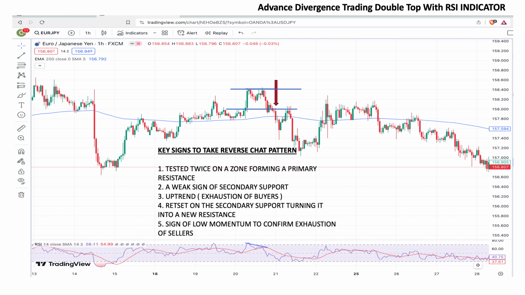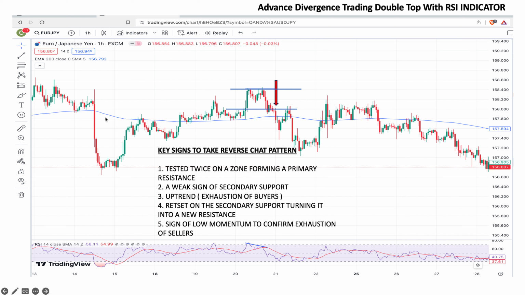You need to have a momentum indicator right in front of you so you don't just take any action in the market. Even if you don't look at the overbought zone and oversold zone, you need to be able to identify the strength levels and how much the levels have influenced the market at the current price. So for the key signs of a double top, like I said, it has to be above the moving average.